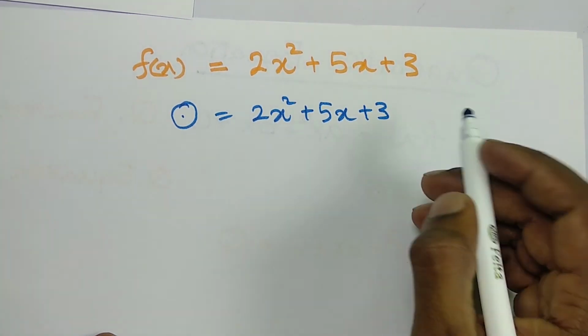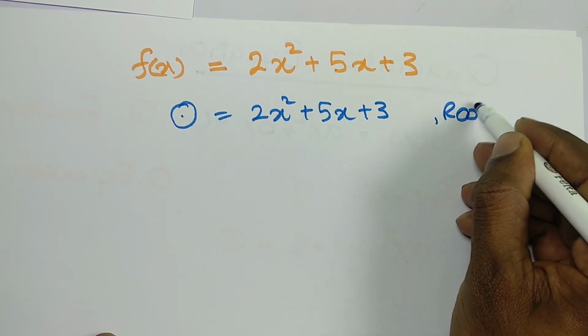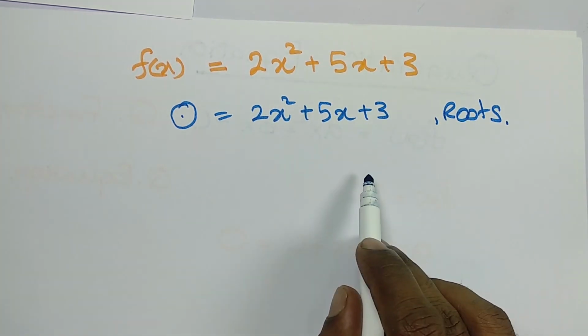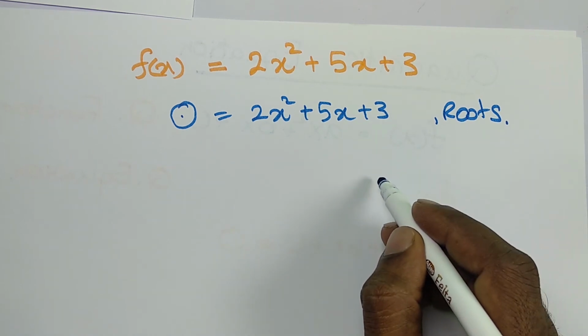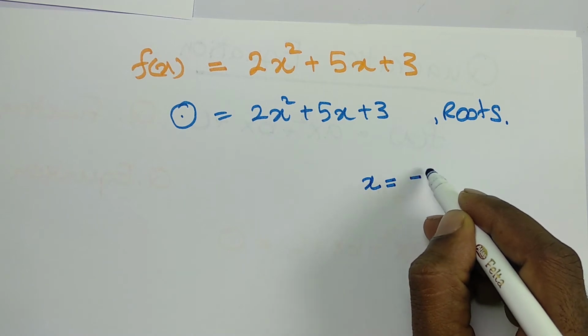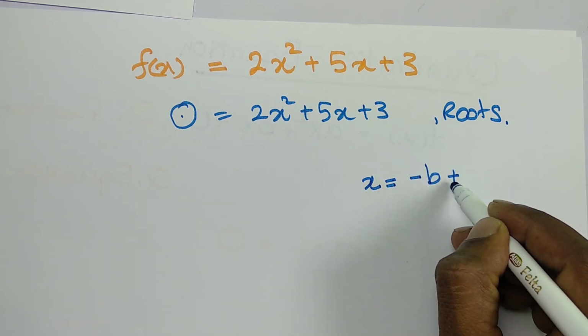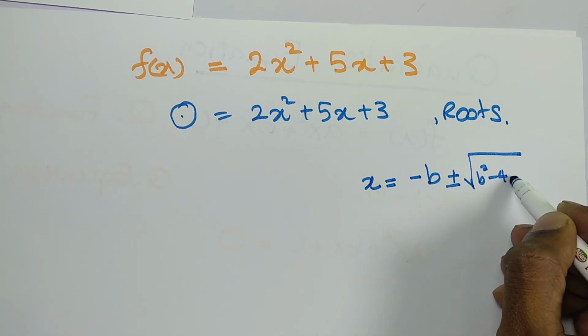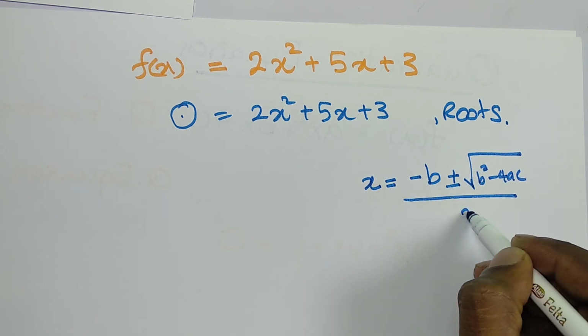Let's say we need to find the roots of this function. And let's remind ourselves again, we have a quadratic formula for x: x equals minus b plus or minus square root of b squared minus 4ac, over 2a.